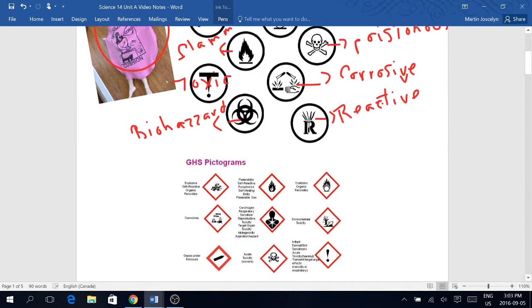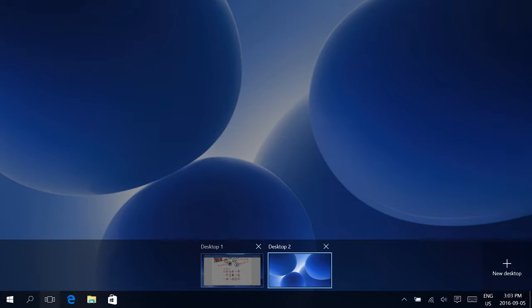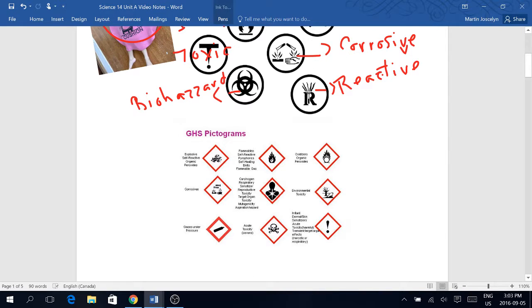Now just to make things a little bit more complicated, in 2015 Canada decided that they wanted more globally recognized symbols so that wherever you go, there's the same symbol. So everybody got together and they came up with these.